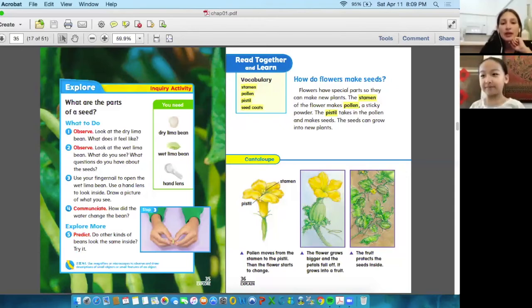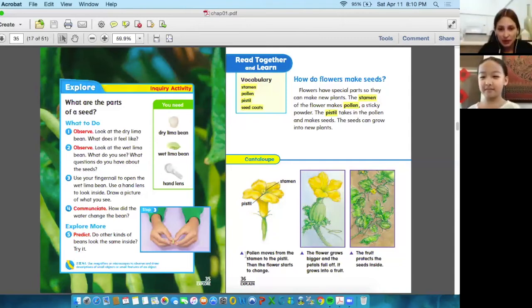So this part right here is the pistil, okay? Pistil. The pistil is going to take the pollen, and it's going to make a little seed, okay? The seed is like a baby plant, and that's how the new plant is going to grow.